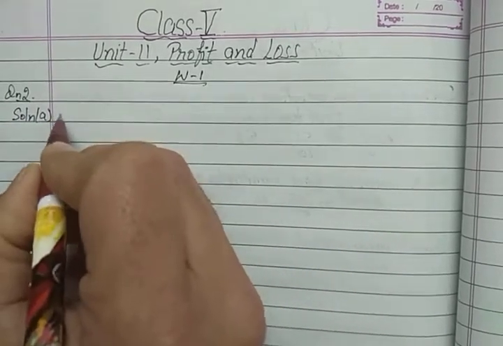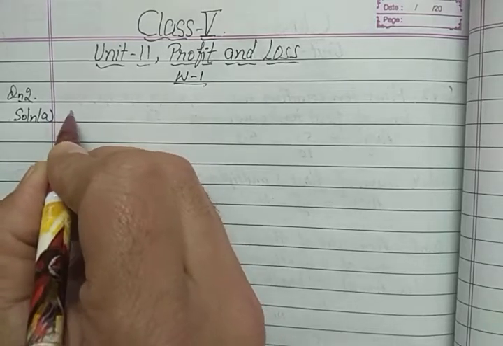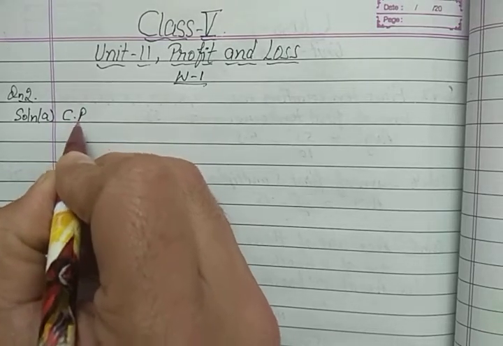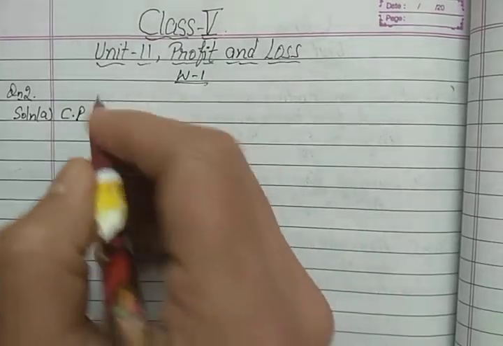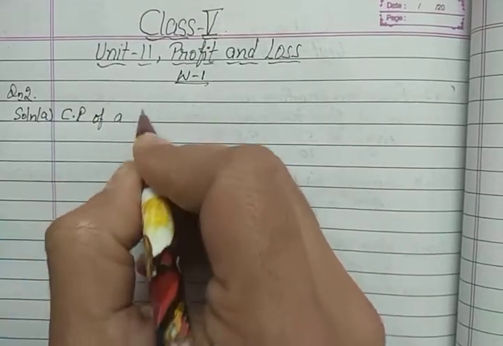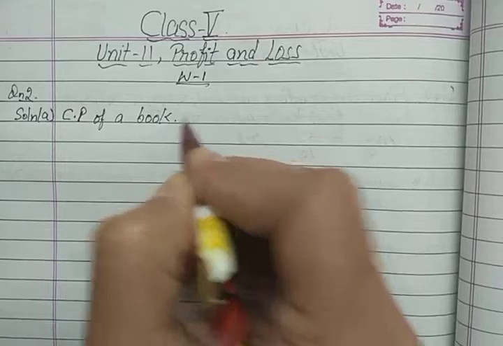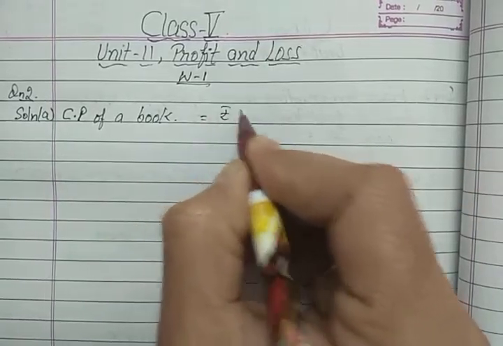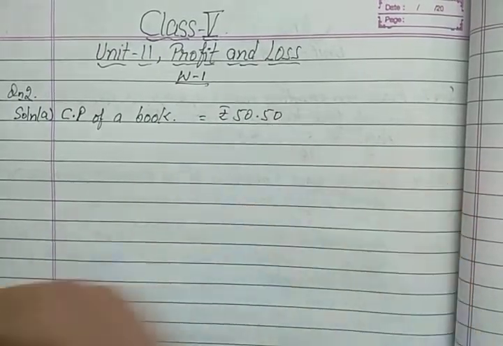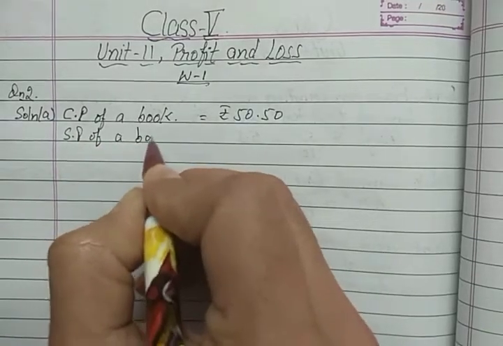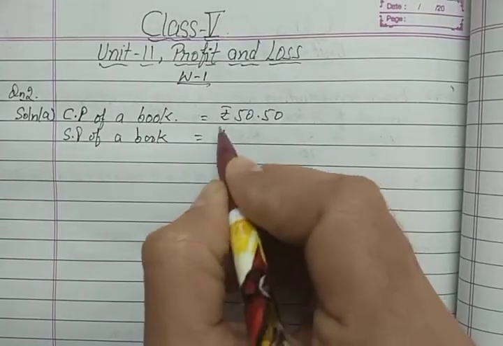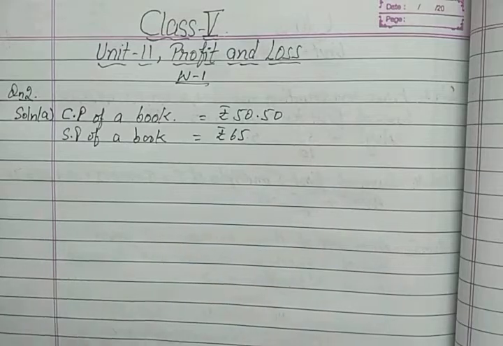So here the cost price of the book is given. In short form we write cost price as C.P. The CP of a book is rupees 50 and 50 paise, and the selling price of a book is also given, that is rupees 65, right?